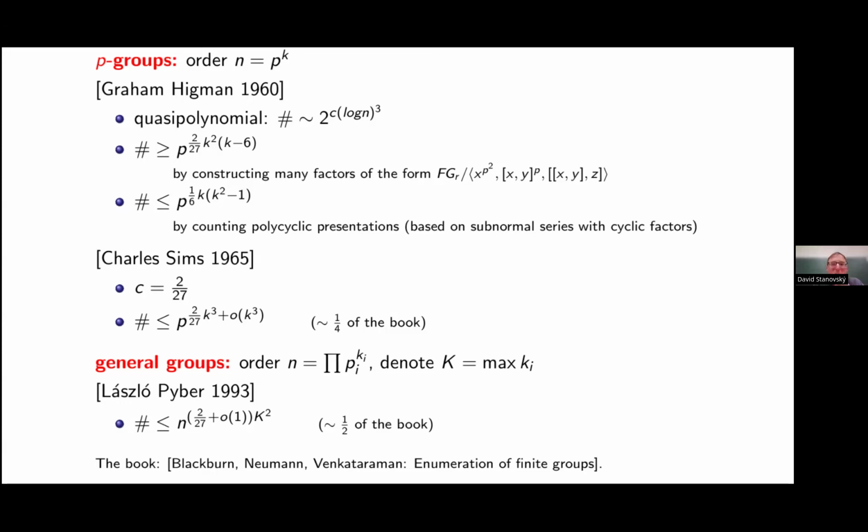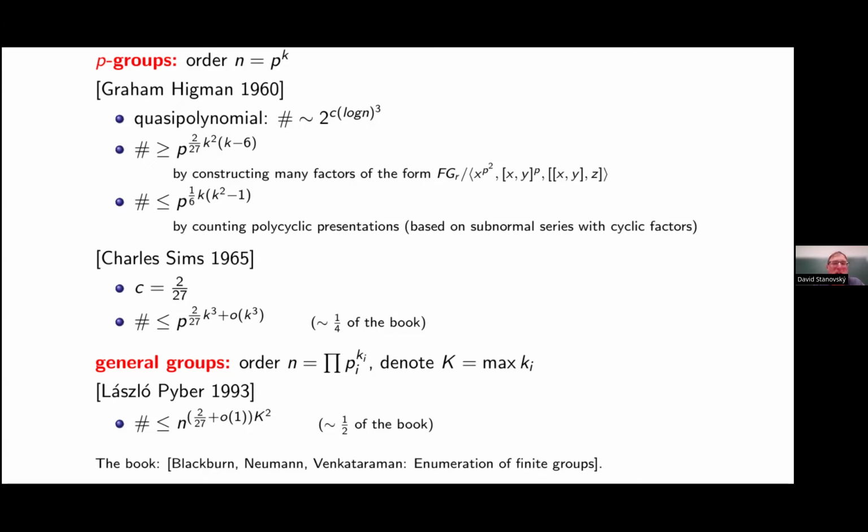There's quite some theory about how these polycyclic presentations can look, and there is even some isomorphism theory for them. So he was able to get an upper bound for the number of polycyclic presentations. There are not that many ways you can create those, and a lot of them give you isomorphic groups.